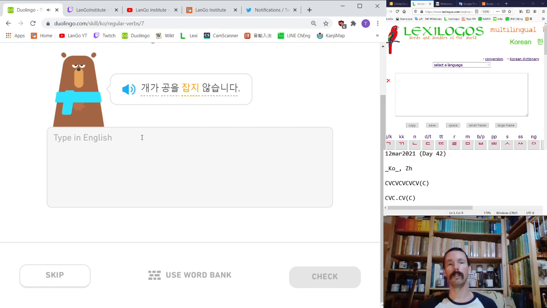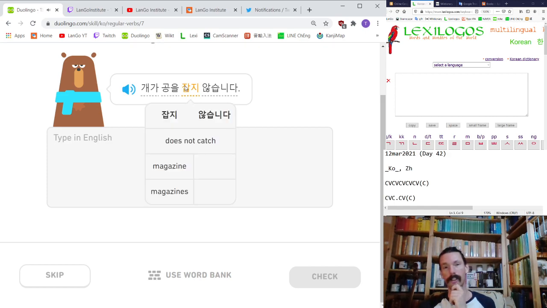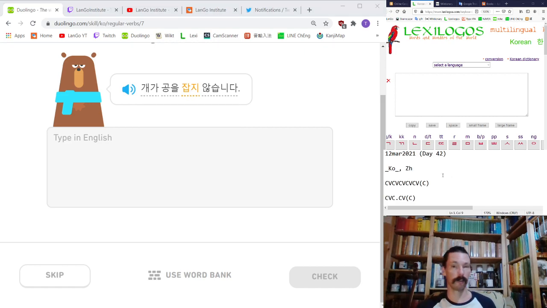개가 공을 잡지 않습니다. 잡지, magazine, yeah. Oh, 잡다, and then the suffix 지. Happens to look like the word for magazines. No connection there. 않습니다. Does not catch magazines would be 잡지.